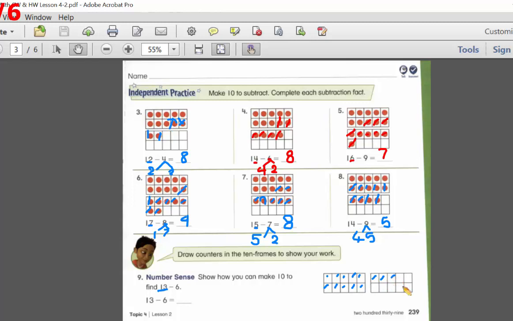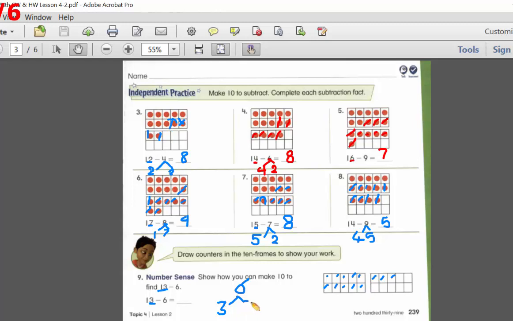Yes. We want to take away 6. As usual, I will break 6 into 2 parts. What are the 2 parts? The first part must be the same as this number, 3, to make 10. Because we know 13 minus 3 equals 10. What will be the other part?